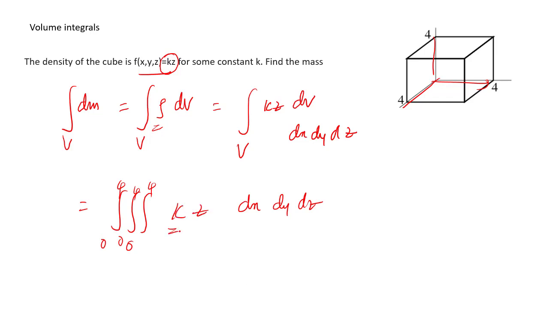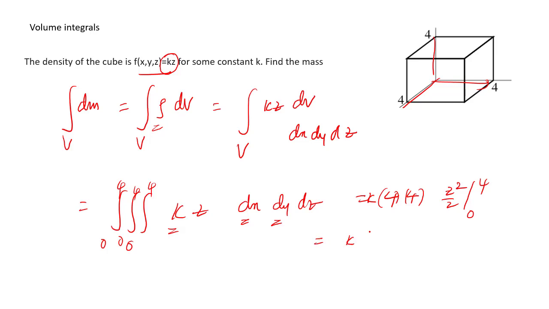And here we have kz, and k is a constant. And so essentially, we can write this out very easily, right? So if I go with dx, I get 4. For dy also I get a 4. And for dz we get z squared by 2, and the limits are from 0 to 4, and we have the constant k up here.